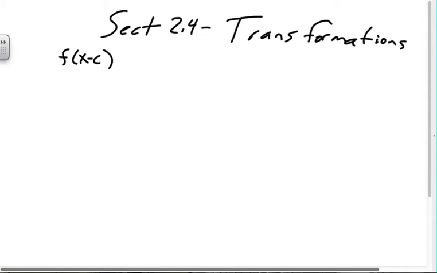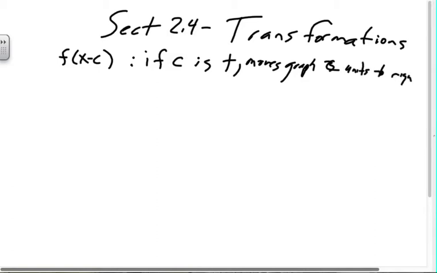So if you're subtracting a value inside, then if C, not the minus C, but if C itself is positive, it moves the graph C units to the right.